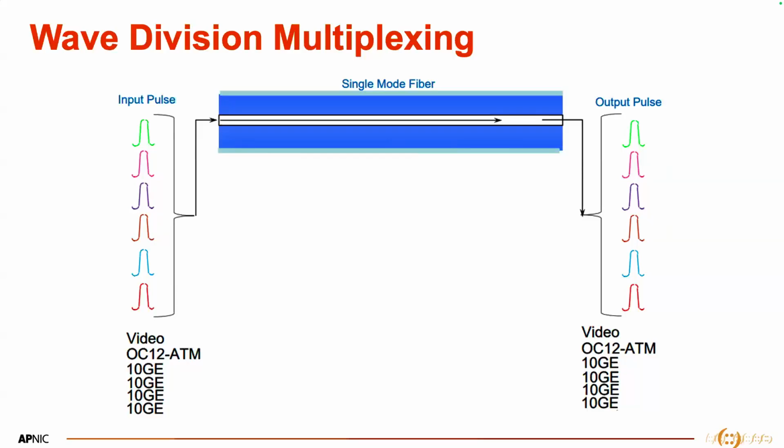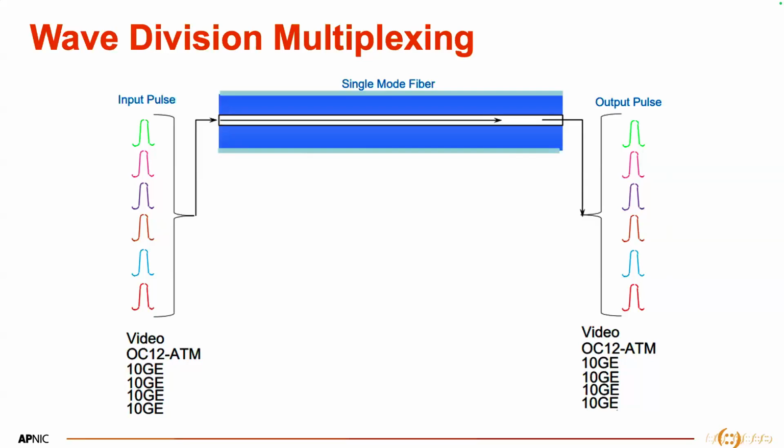So each of the input pulse or wavelength or wave can carry different service, right? Like one can carry video, one can carry Ethernet packet, one can carry voice packet, one can carry SDH signal, one can carry MPLS signal.